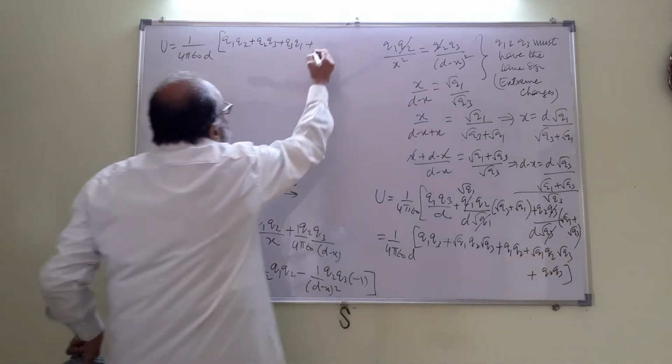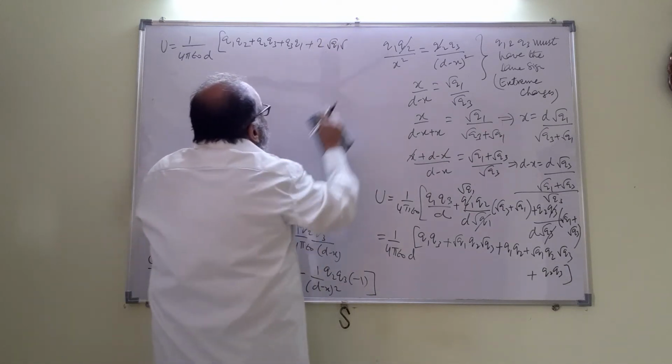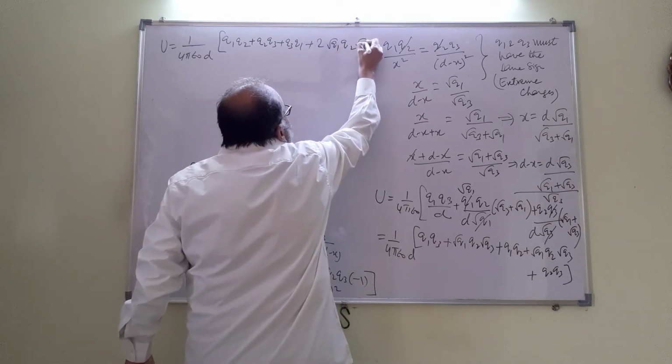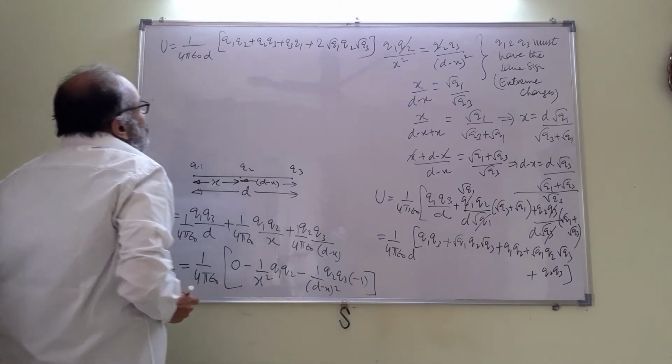So it will be plus 2 root Q1 Q2 root Q3. That is the expression for the potential energy.